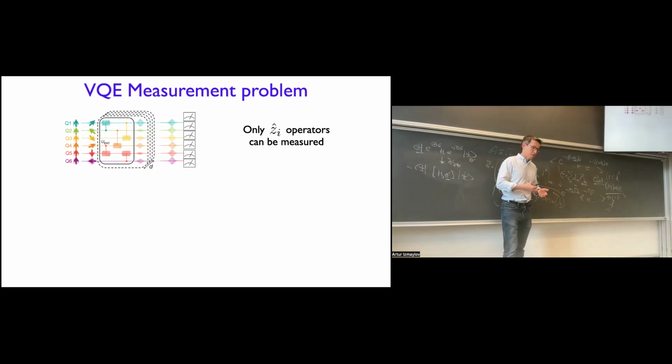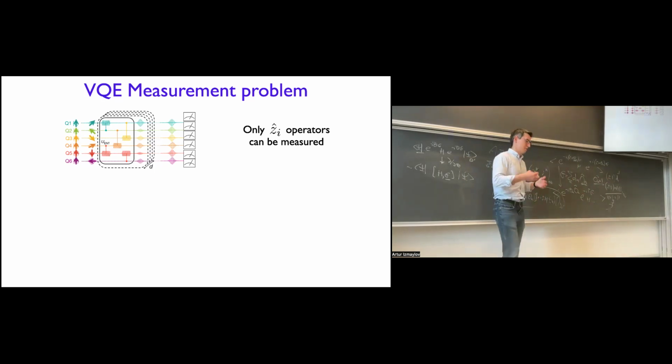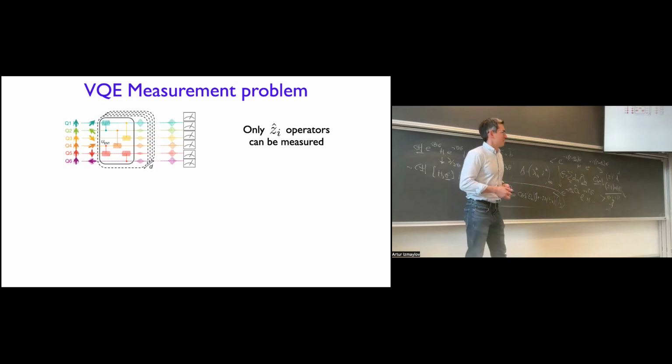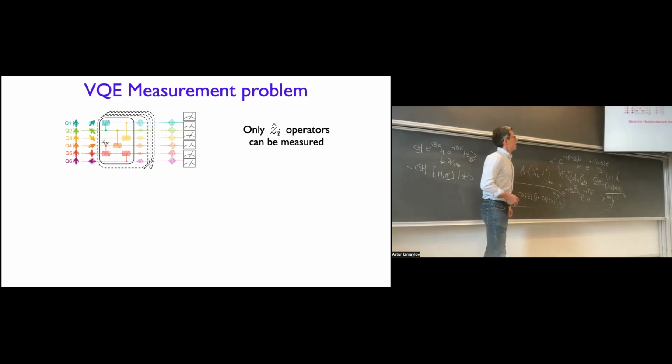Other architectures, like trapped ions, are way slower in measurement. So the things that you see make sense mostly for superconducting hardware, because others have a hard time actually doing millions of measurements, and that's what we will see is needed for even small molecules.